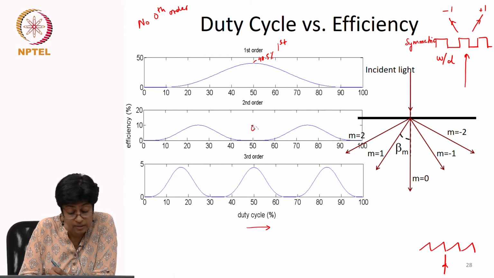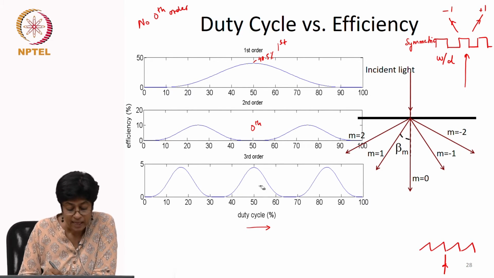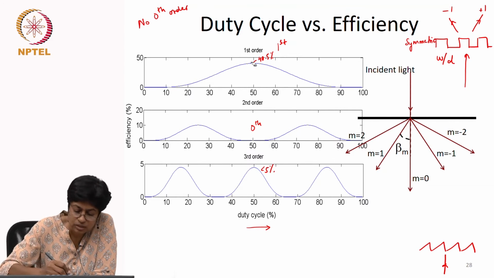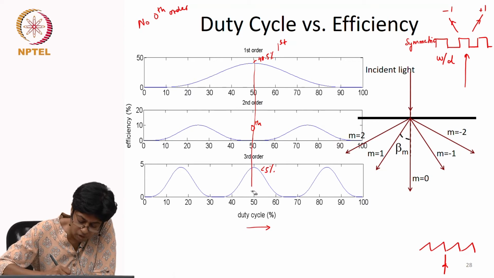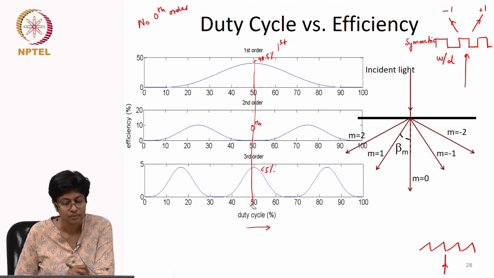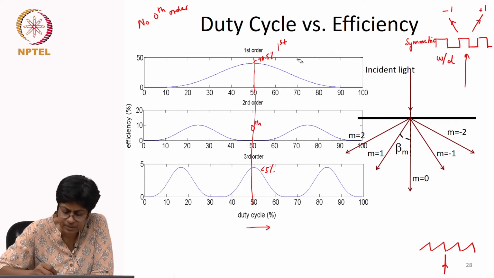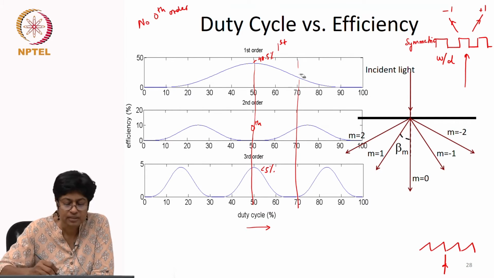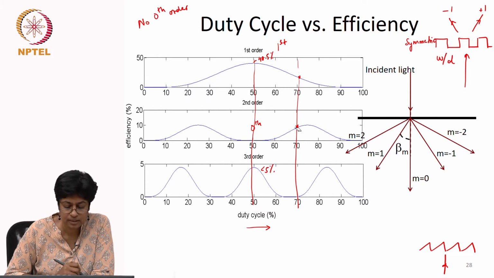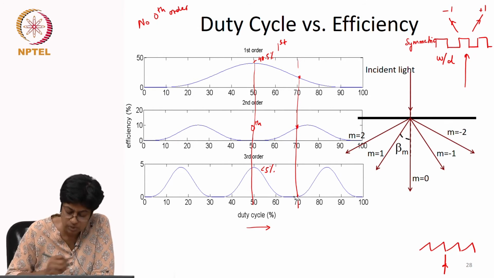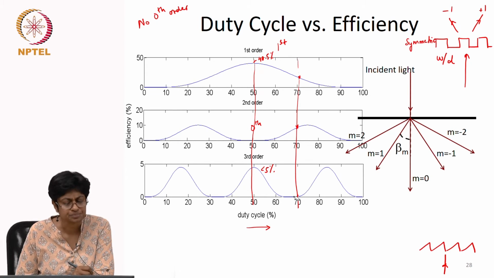The second order has 0% and the third order has less than 5%. This is for a duty cycle of 50%. If I go to some other duty cycle, say 70%, you can see the first order has some efficiency. There is some efficiency in the second order. There is almost nothing in the third order.